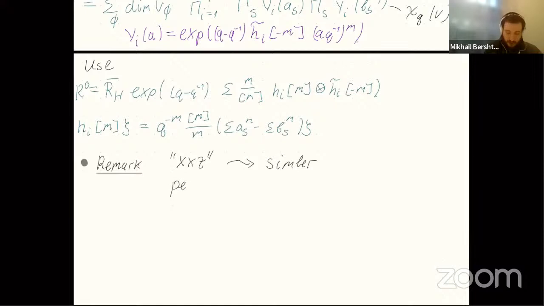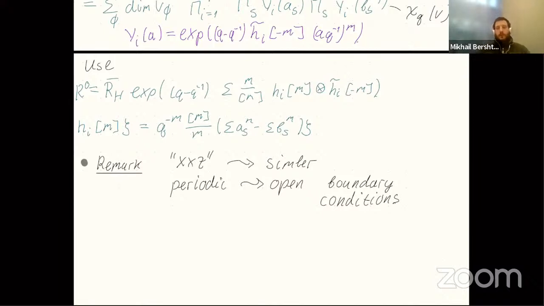In some sense, you can think that you replace periodic boundary conditions by open boundary conditions, and the situation becomes simpler. The spectrum of the XXZ integrable system, this T_V, is a difficult thing governed by Bethe equations, but the Q characters, which govern the spectrum of psi plus, psi minus, are much simpler.